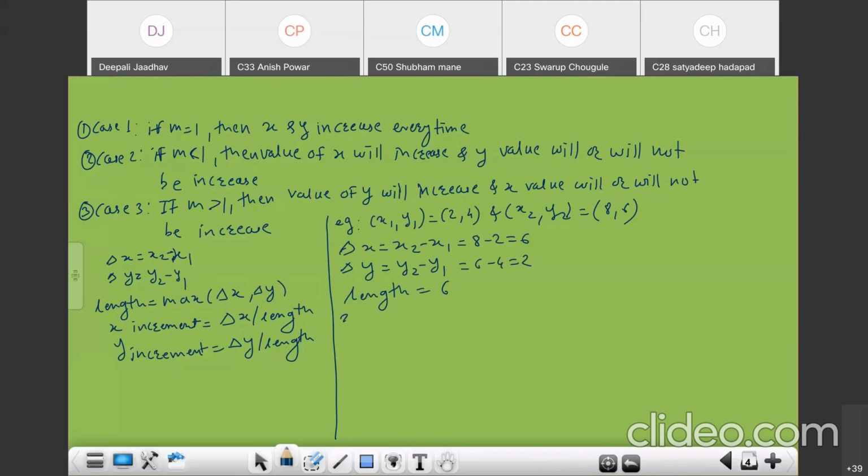Now x increment, I write here INC only. Delta x is 6, divided by the length, 6 by 6, 1. And y increment is delta y divided by 6, that is 1/3.